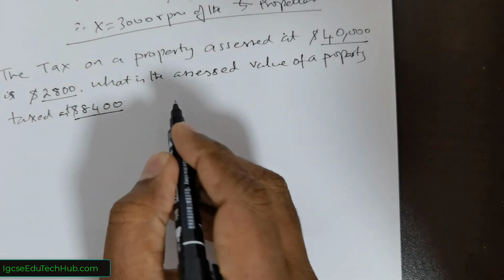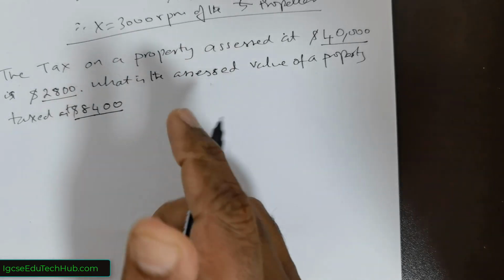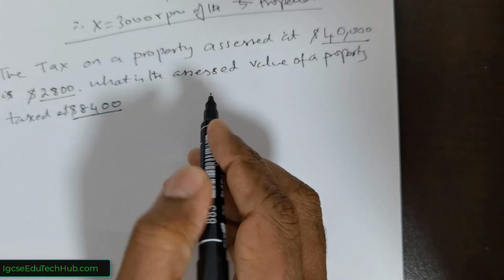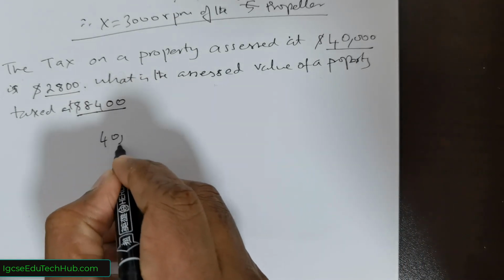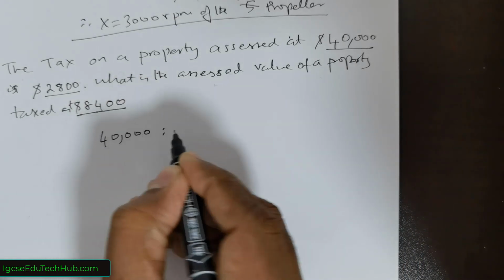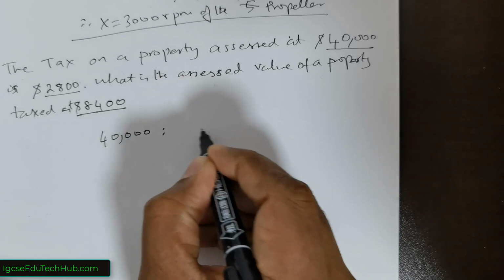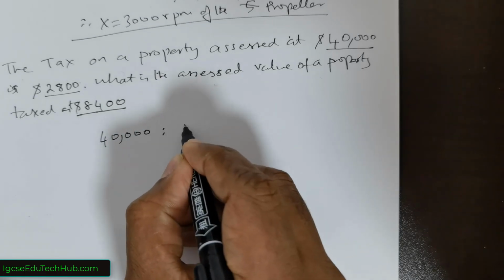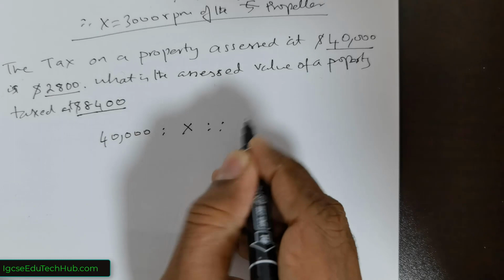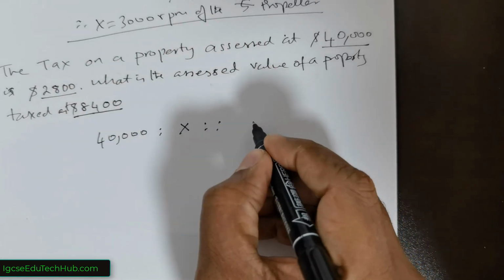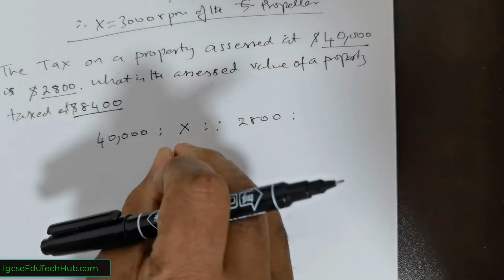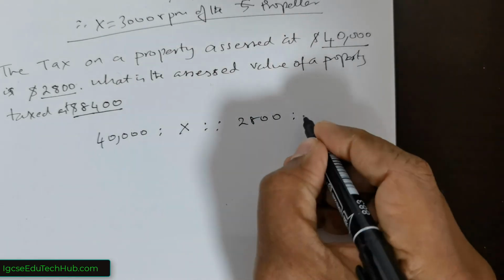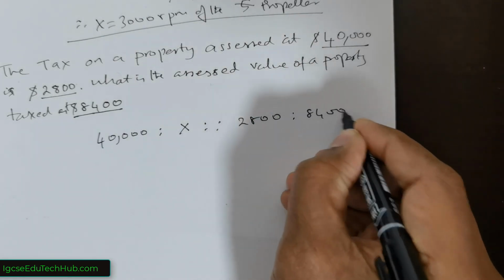So I'm going to set up the system in this following fashion. So we got a property 40,000, and we got another property whose value is unknown, and for this 40,000 property, 2800 is the tax, and for this property which is valued at X dollars, 8400 is the tax.